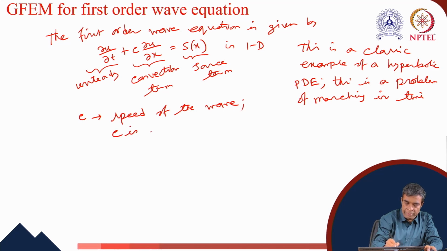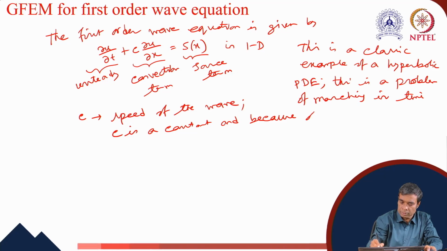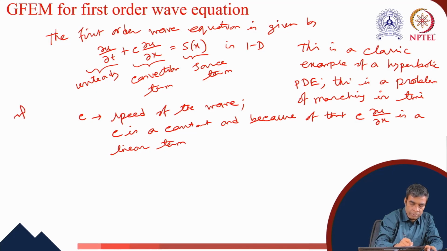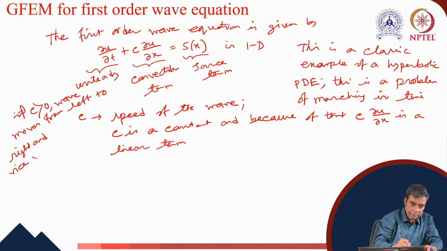C is a constant, and because of that, c del u del x is a linear term. If c is greater than 0, wave moves from left to right and vice versa.